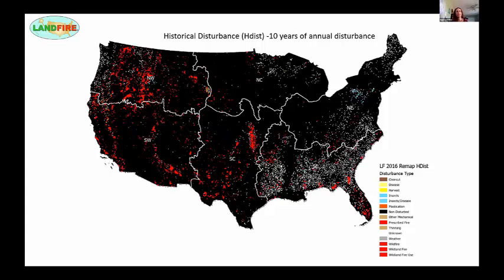So anyone out there that has that kind of data, I think it would be really helpful to train our models to understand what that vegetation is after disturbance, especially more recent disturbances. That's where we really could use some help.